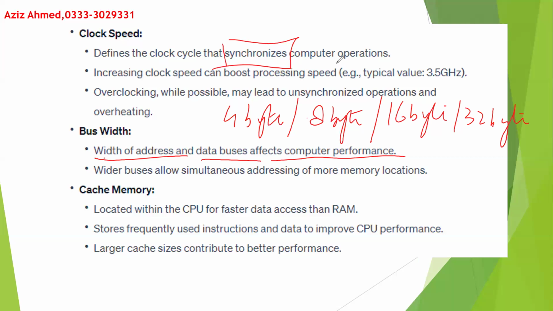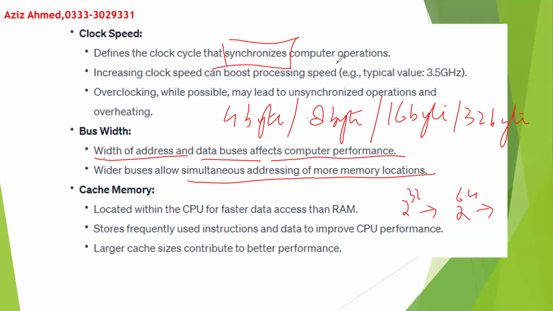Wider buses allow simultaneous addressing of more memory locations. 4 byte means 32 bit, so with 2 power 32 you can find the number of memory locations. It is more than 2 power 8. 8 byte means 64 bits.